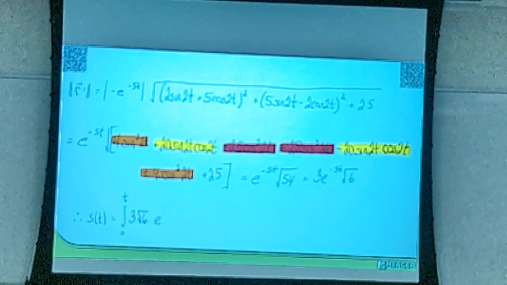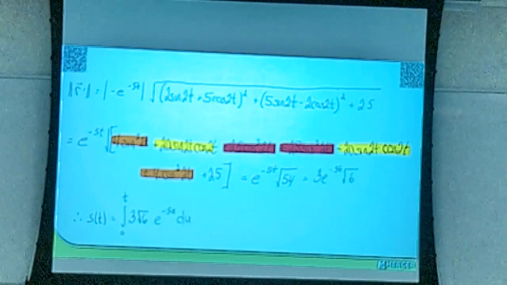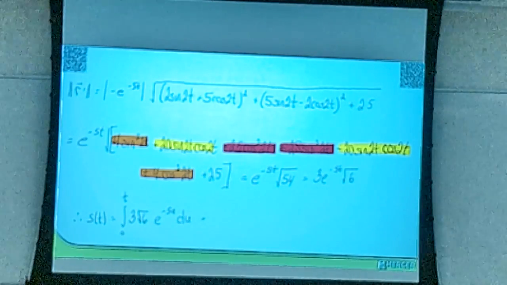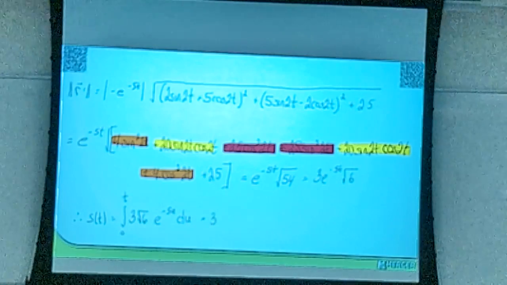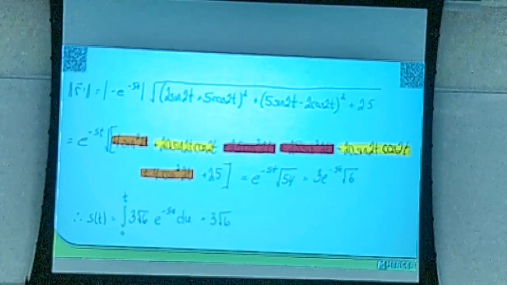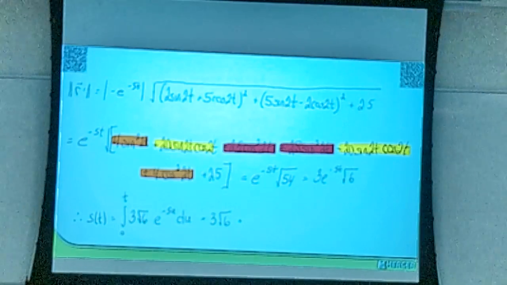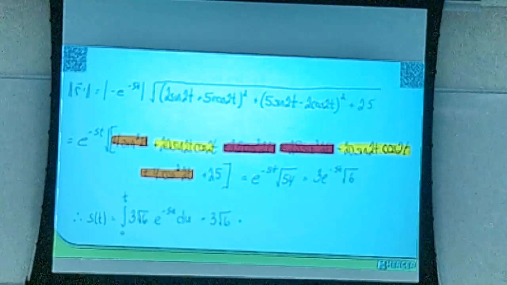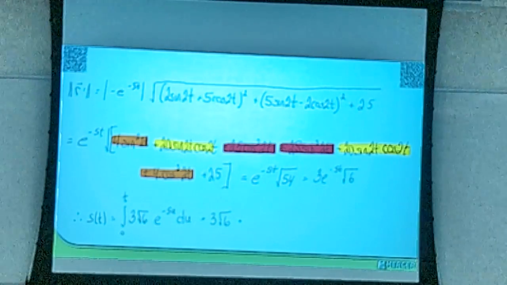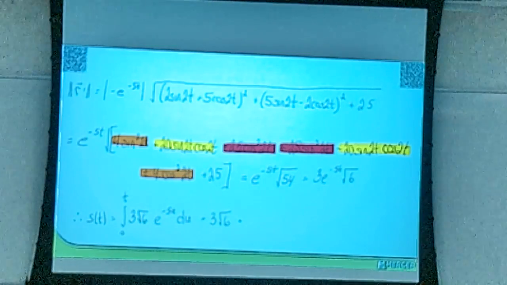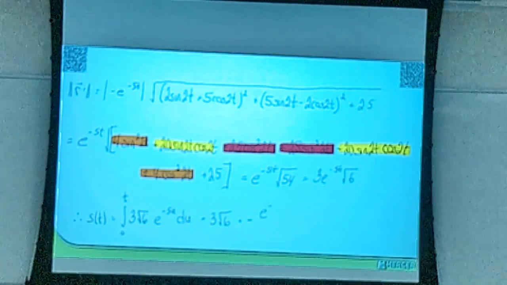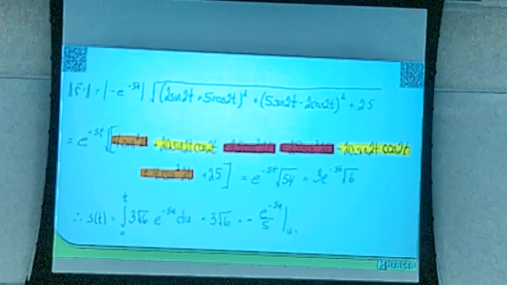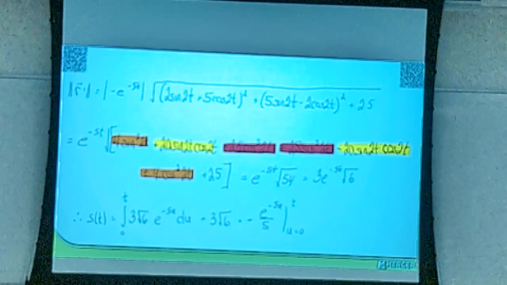I'm going to write it this way. Can back out the 3 root 6. What is the antiderivative of e to the negative 5u? And that'll get evaluated from u equals 0 to t.